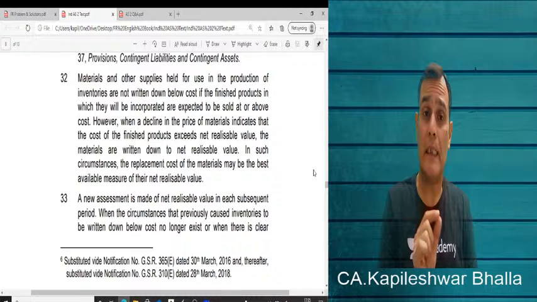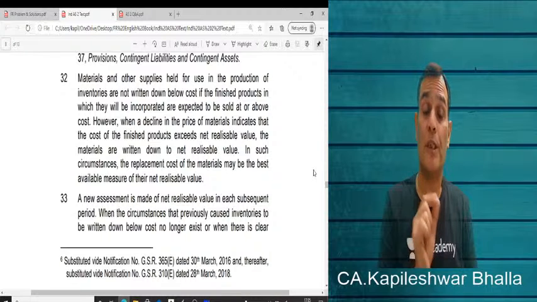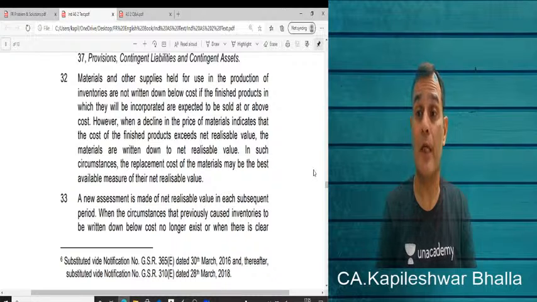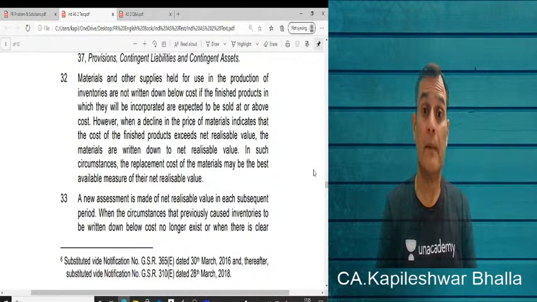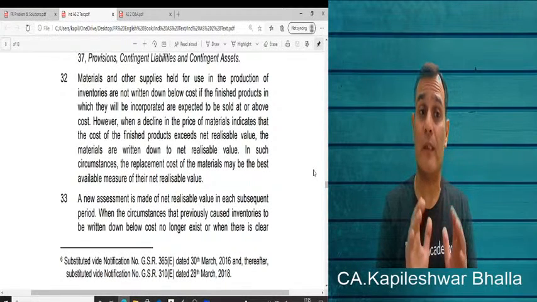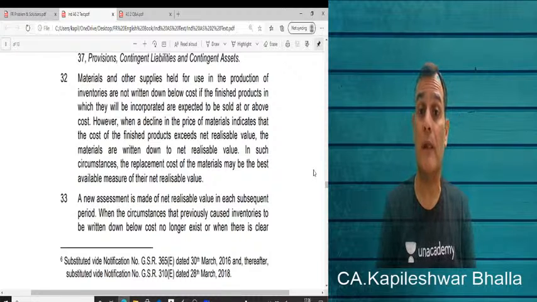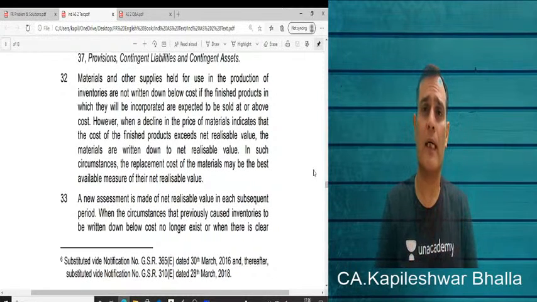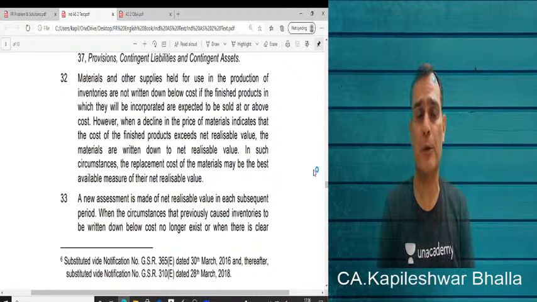It says material and other supplies which are held for use in production is not written down below cost. But there is a condition. It says if the FG in which they will be incorporated are expected to be sold at or above cost. So let me tell you in simple words before I relate the language of para number 32.